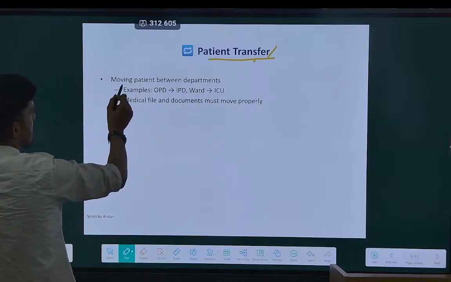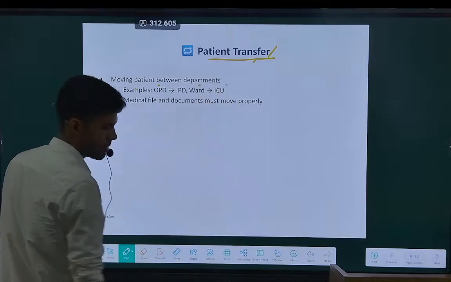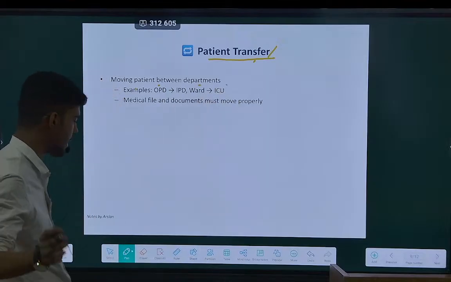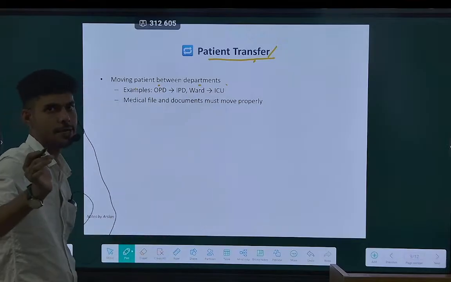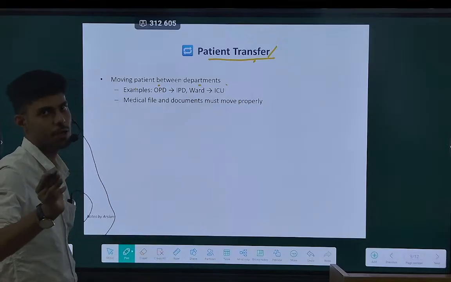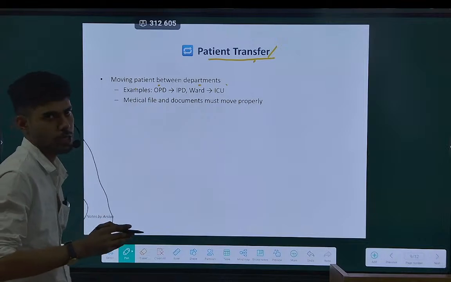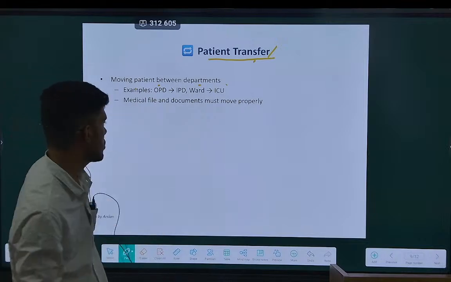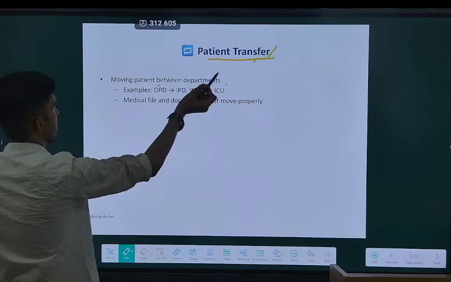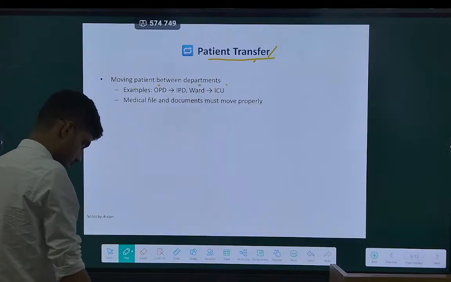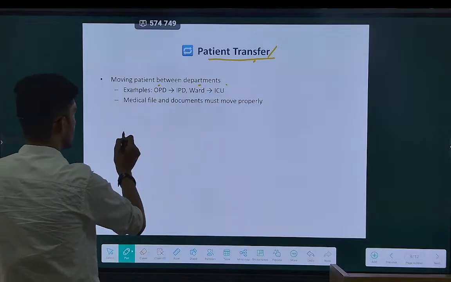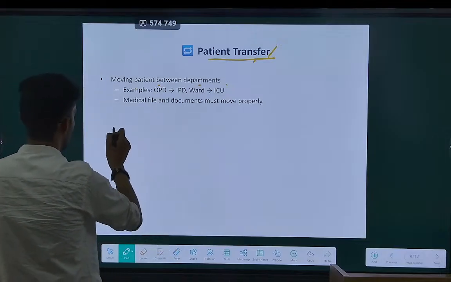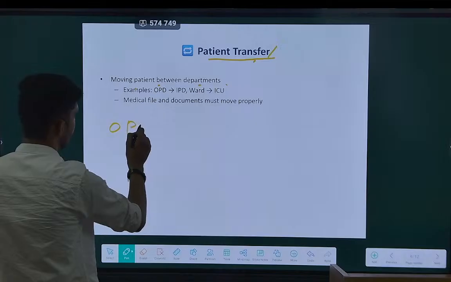So patient transfer is moving patients between departments. Can be any department, any hospital. If a person is leaving his bed after the admission or leaving his room or going from one place to another, it is called patient transfer. So a patient was there, he was in the OPD.